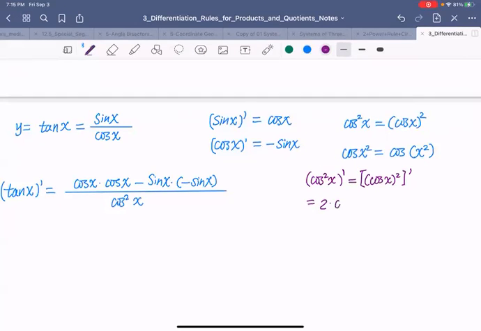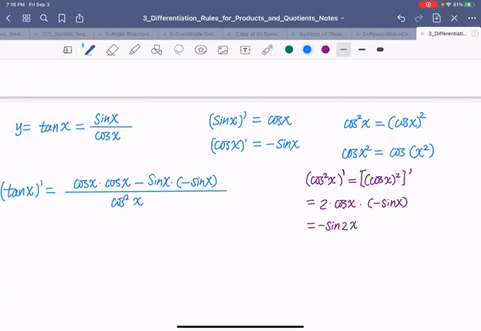And then times the derivative of cosine x, which is negative sine x. Tell me the double angle formula. This will equal what? Oh, that's like sine 2x or negative sine 2x. Negative sine 2x.